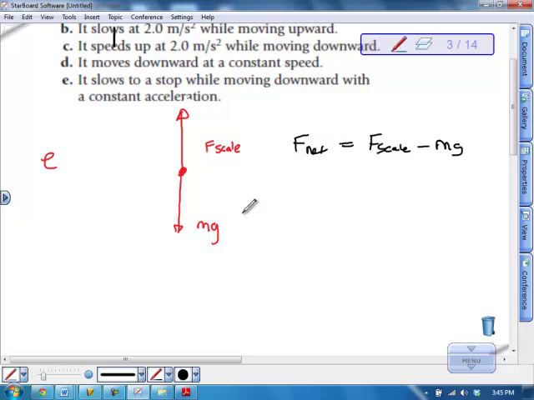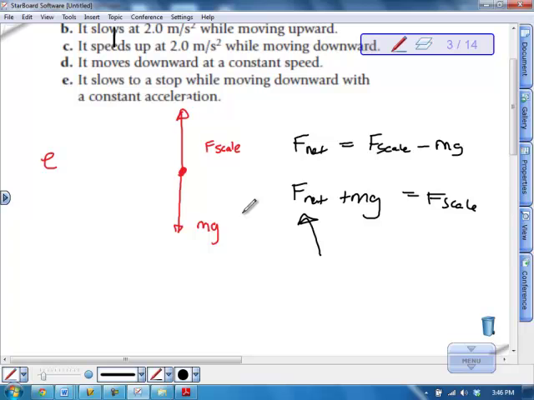And they want to know what the force is. Well, all we can give is this, right? Because, I'm sorry, they're asking for the force in the scale, so I'll add mg to both sides: net force plus mg would be the force in the scale. We don't know what the net force is. They don't tell us the acceleration.